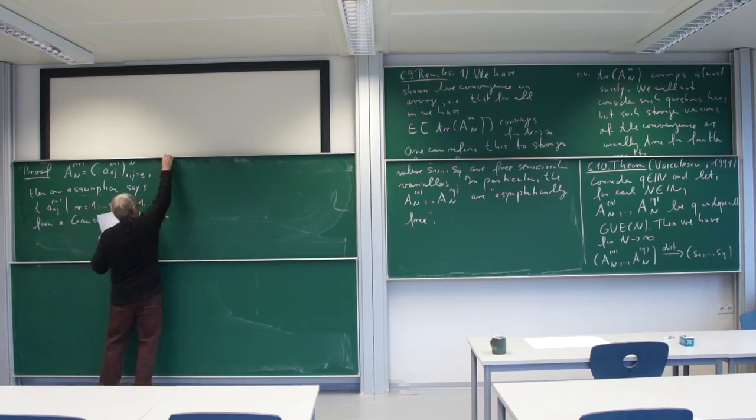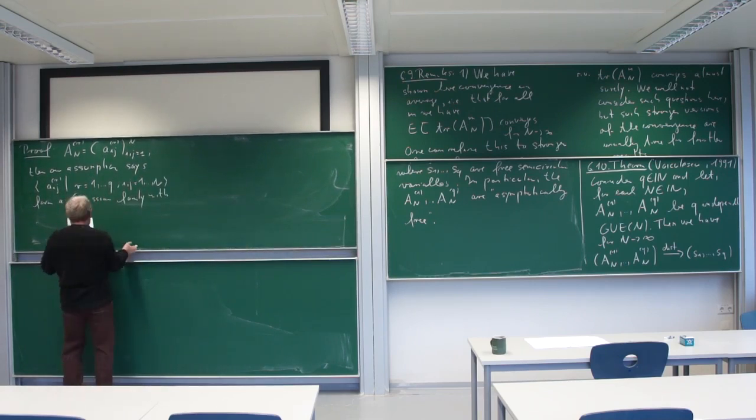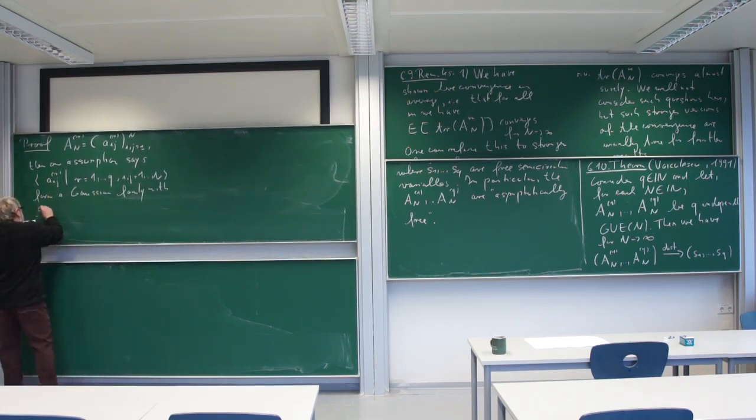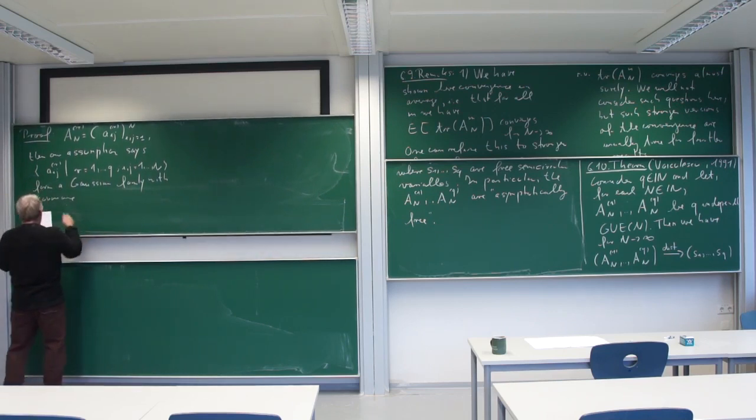And I have to specify their covariance, because that's the input for my calculations. And that specifies all the joint moments of all those guys.